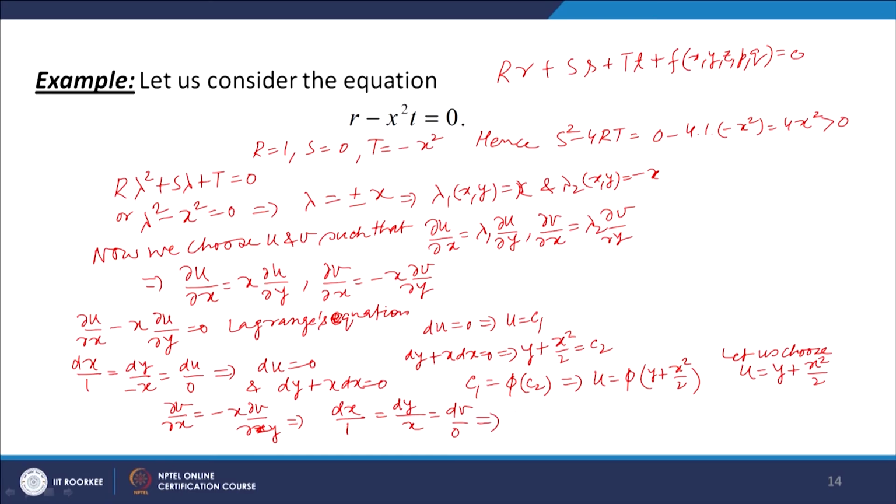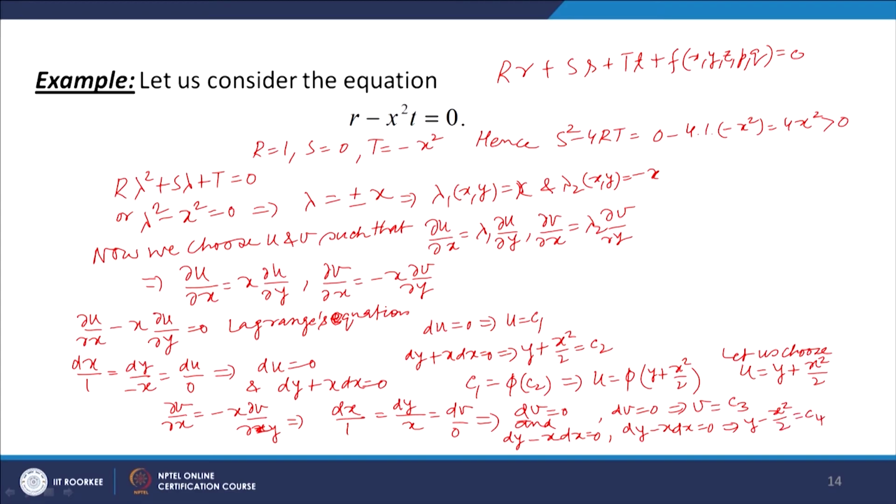So, this gives you dv equal to 0 and dy minus x dx equal to 0. dv equal to 0 gives you v equal to some constant, say C3, and dy minus x dx equal to 0 gives you y minus x square by 2 equal to some constant, say C4.